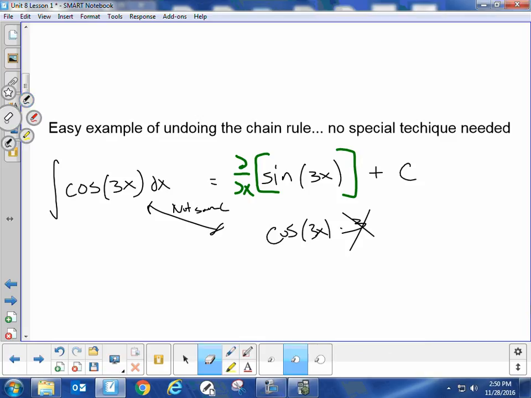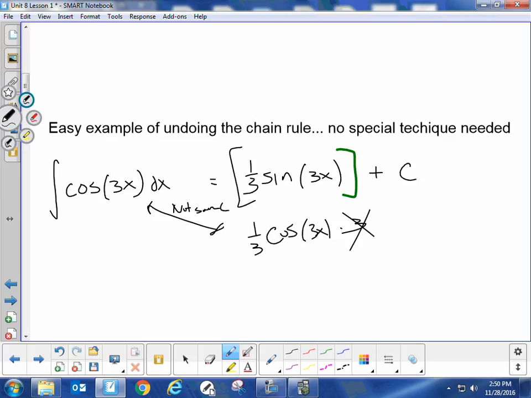Good. I threw in a 1/3 here. Then my derivative would be 1/3 cos 3x. The 1/3s and the 3s will go away, and this is correct. So we just figured out that I need that 1/3 right there. You could do this for anything, even something as simple as e to the 2x.